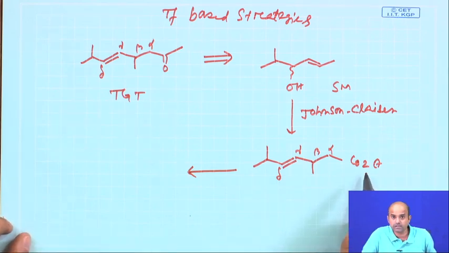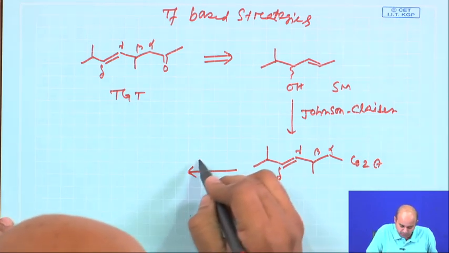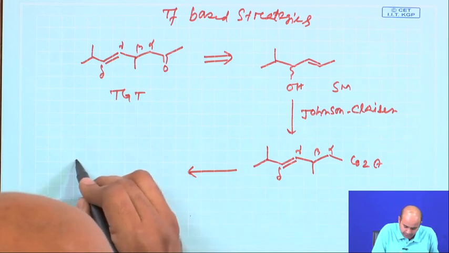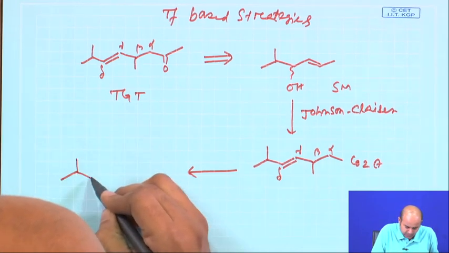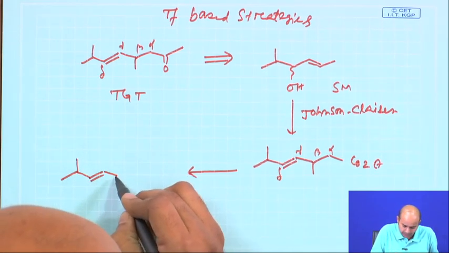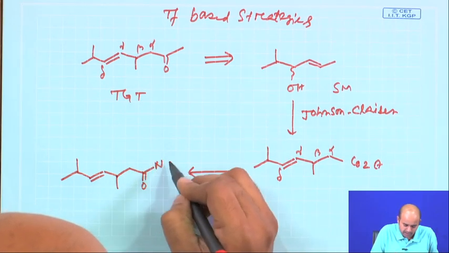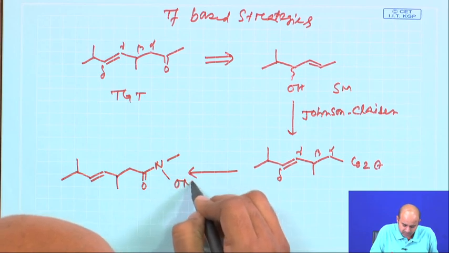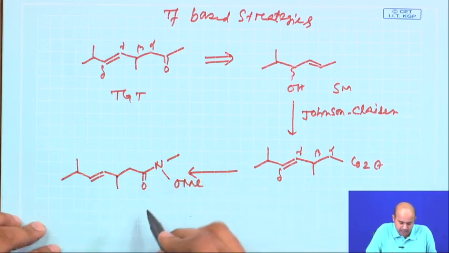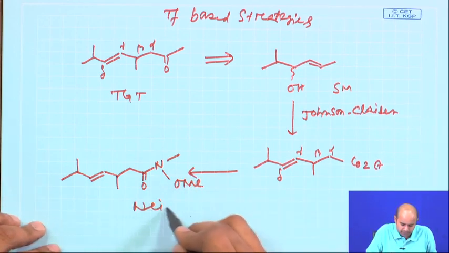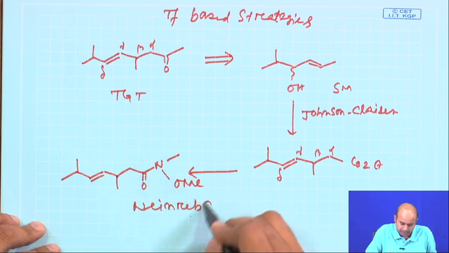If you react with a Grignard reagent, they will give you excess Grignard addition. So, we will try to convert these esters to a less reactive compound, and normally we do it through an amide. This particular amide is named the Weinreb amide.